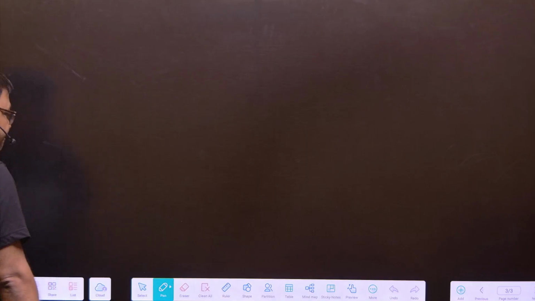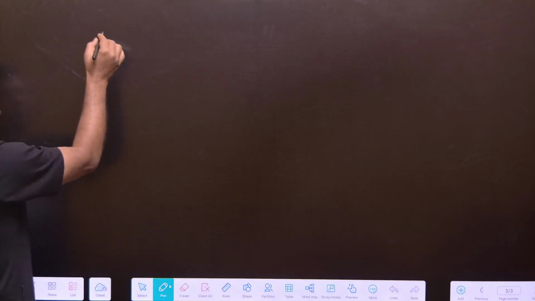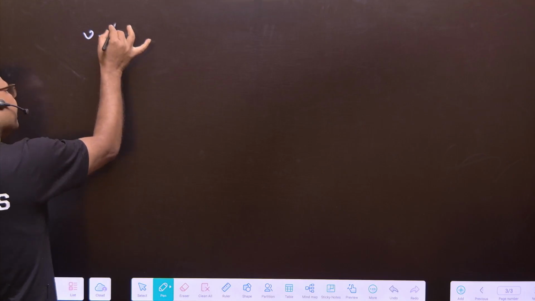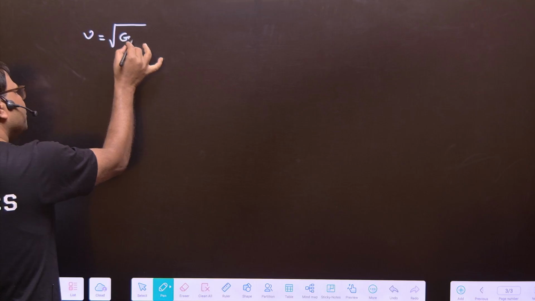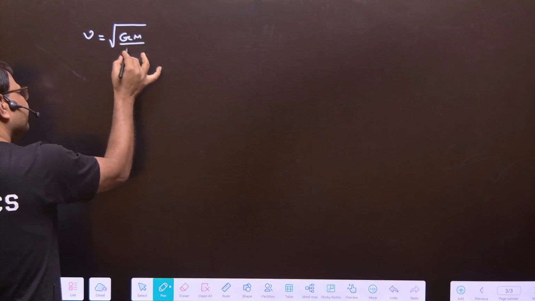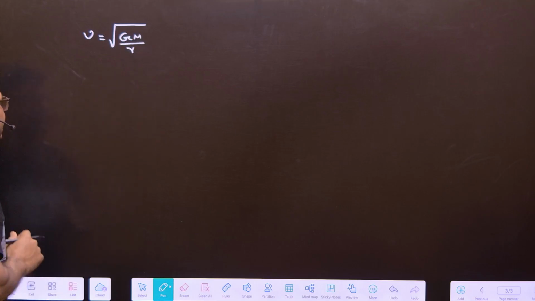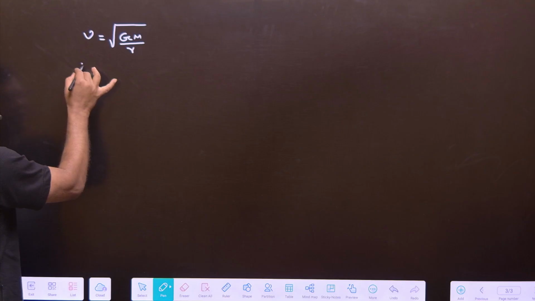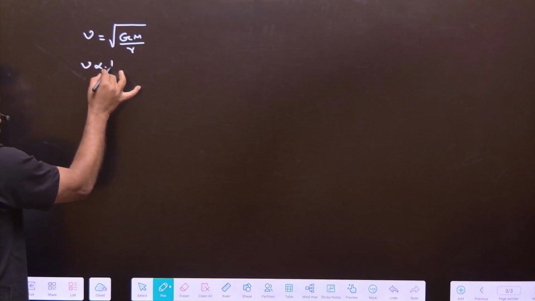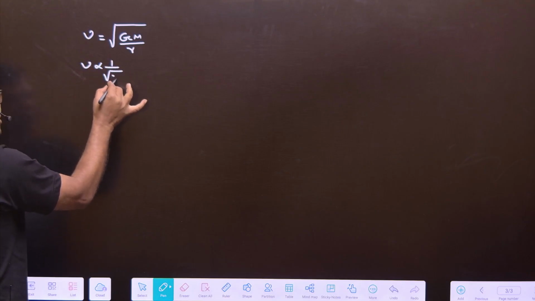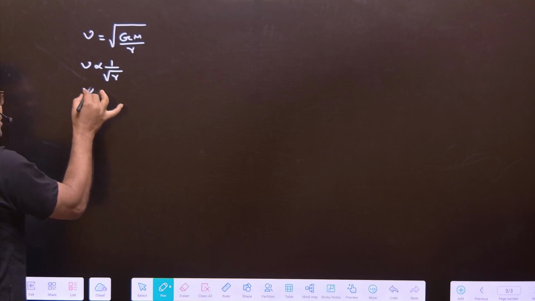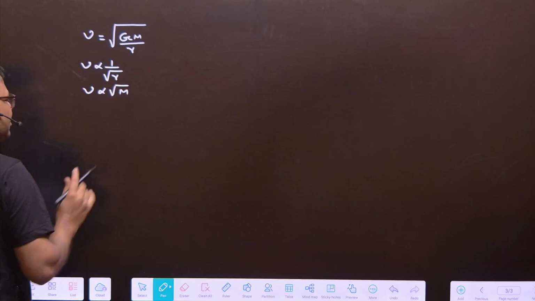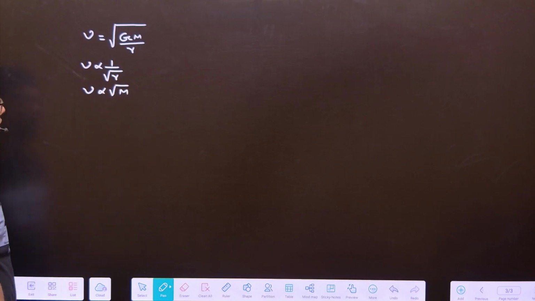Now see, for orbital velocity we have got the formula V is equal to root over of GM by r. Here V depends upon some factors. V is inversely proportional to the square root of the distance, and V is directly proportional to the square root of the mass of the earth.